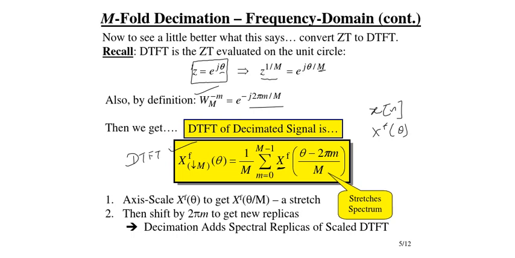So what is happening in the downsampled version is that your original DTFT, X(theta) for x[n], has not only been scaled by M, but also all the spectra are replicated by 2 pi, right? M has a limit from 0 to M minus 1, so that means we have a total of capital M replicas.